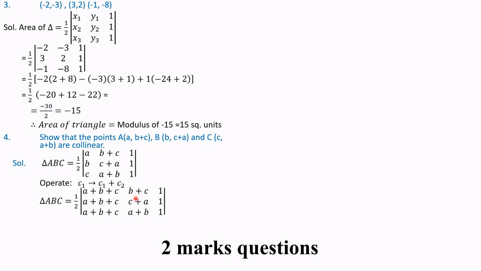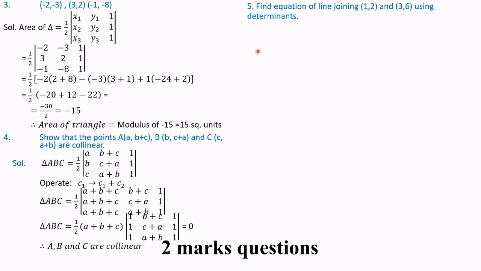I am skipping these problems, but however the steps are as it is. You can copy the same if you want. And the area answer is 0. That means when this area delta, that is the determinant's value, is 0, then the points are collinear. That is, they lie on the same line.